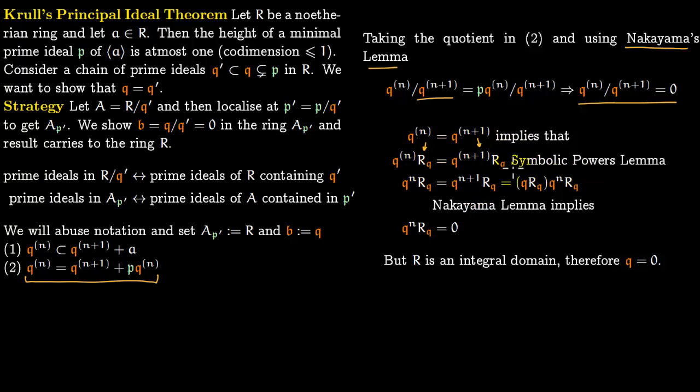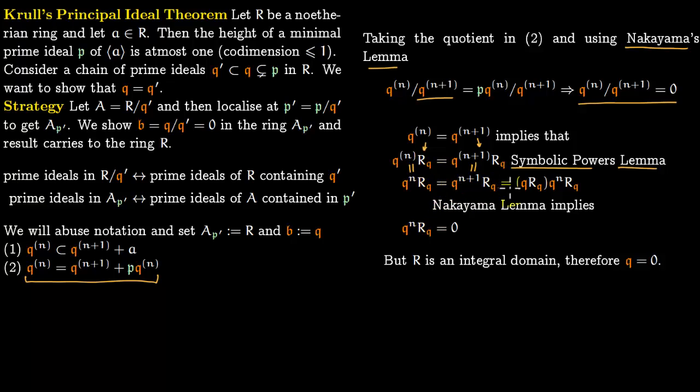Now in the lecture on symbolic powers, in that lemma we showed that this is equal to this. So the nth symbolic power of ideal Q is the same as the nth symbolic power of Q if you localize in this ring R_Q, and this is also equal.